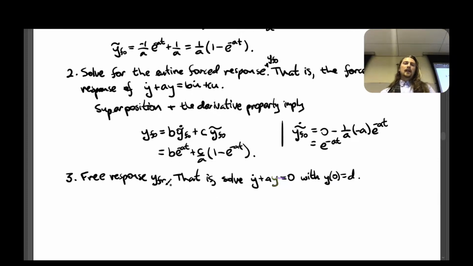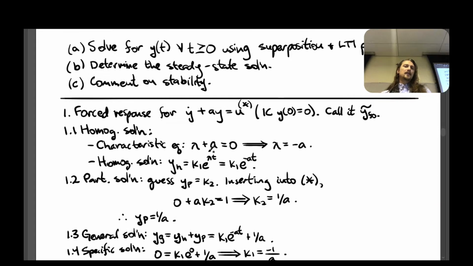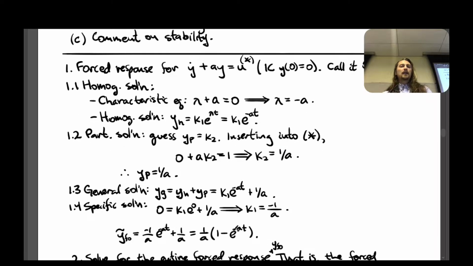So we'll solve this, but the first step, of course, would be to find the homogeneous, well, it is a homogeneous equation, so to find the homogeneous solution, we have to find the characteristic equation, and that characteristic equation is the same exact characteristic equation that we found here, right? So this homogeneous solution is actually exactly what we need, again, but it has a new constant, because this K1 we found down here assuming 0 initial conditions, so we can't use K1 again. We can reuse the same form of the solution.